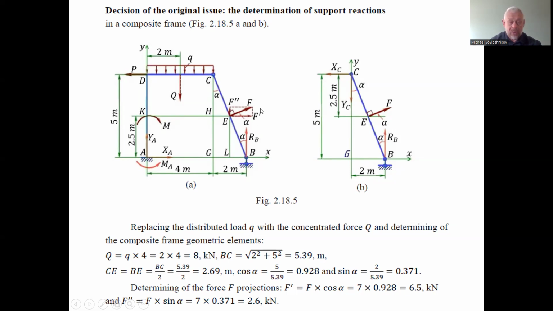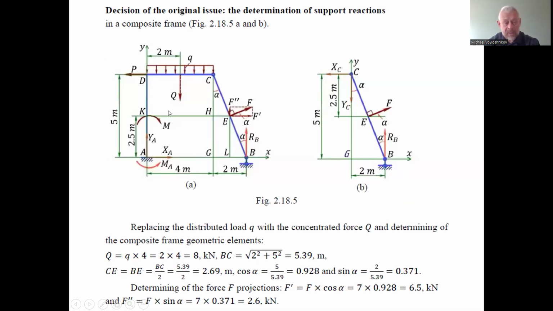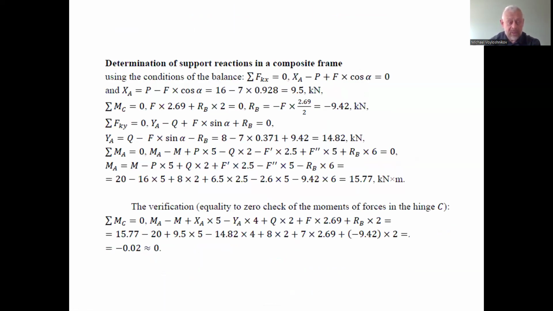And we consider the horizontal component of force F. We have the external load P. It acts in the point A as the force of the reaction, horizontal projection of reaction XA. So we found that after the balance equation appropriate, we find that XA is P, the force applied to the point B, excuse me, applied at point D to the left, and the horizontal component of force F, minus F cosine alpha.